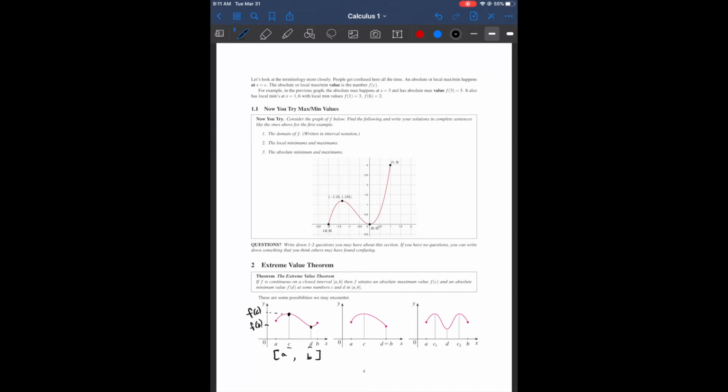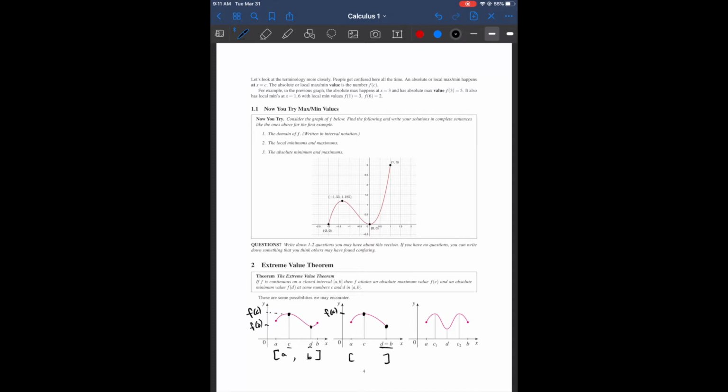You also might have a situation like this second graph. Here the absolute maximum happens at c. So here's f of c, and that is within the interval from a to b. But this time, the absolute minimum happens right here, which happens to be an endpoint. So here, this d value is actually the same as b.